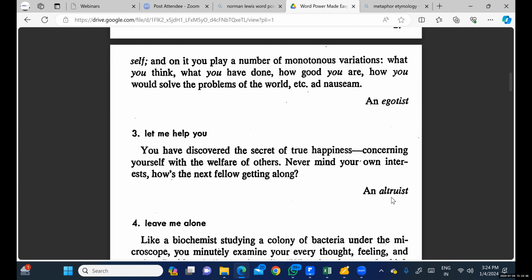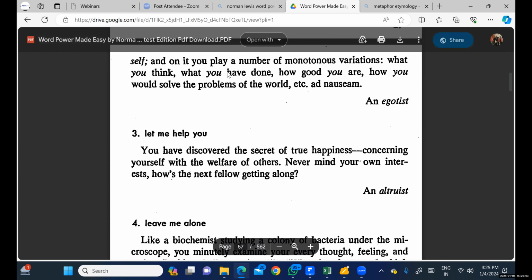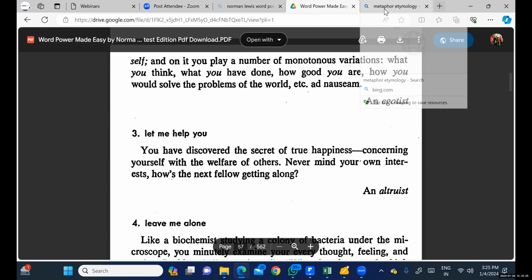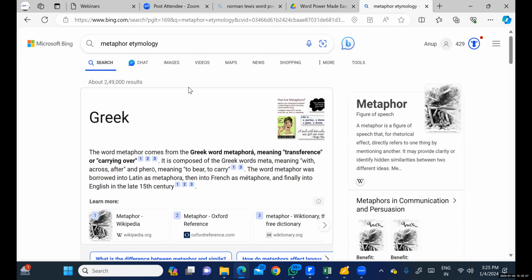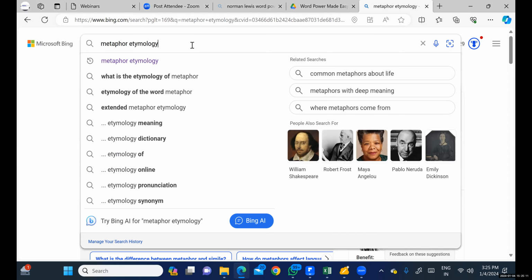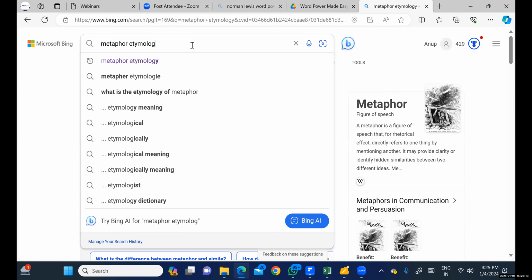And there's a very, very popular, famous book called The Altruist. You must read this book. It's an excellent book, and you will really enjoy that book. Let me just show it to you somewhere. The Altruist. It's an excellent book. And these books will actually improve your vocabulary.